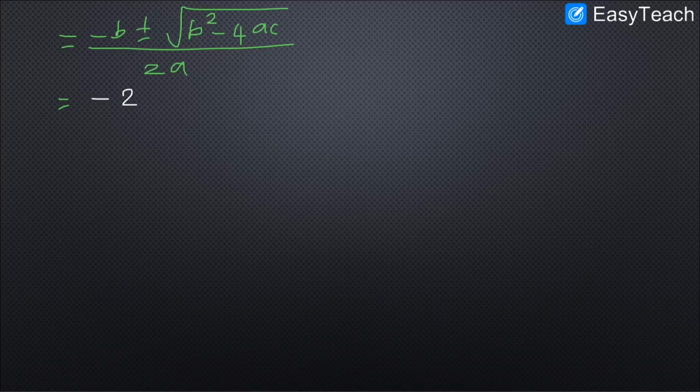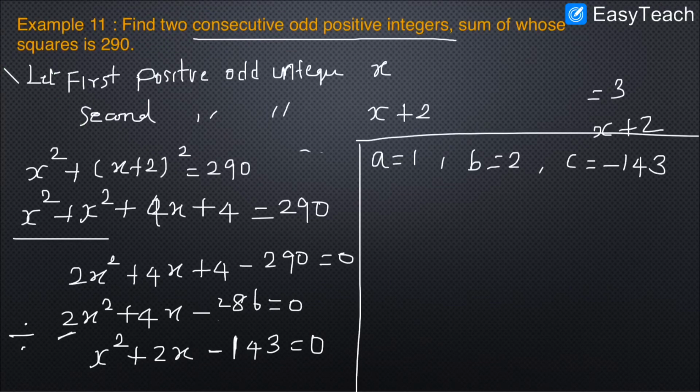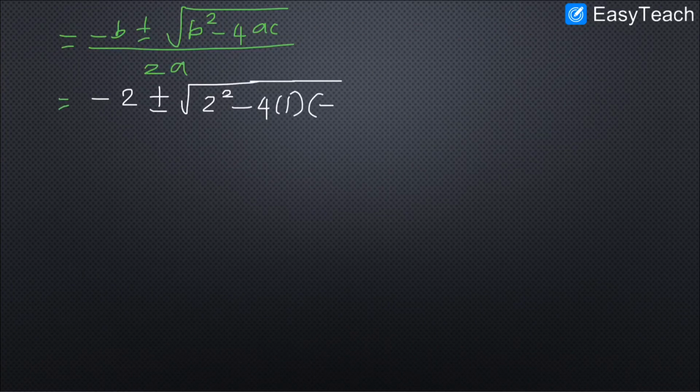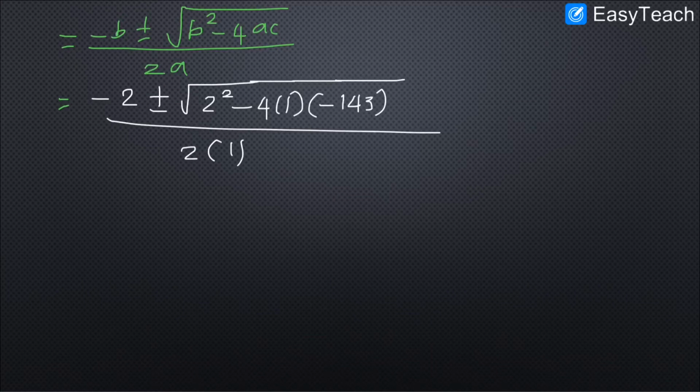For b we have 2, plus or minus 2 squared minus 4 into 1 into, for c, minus 143, the whole divided by 2 into 1.